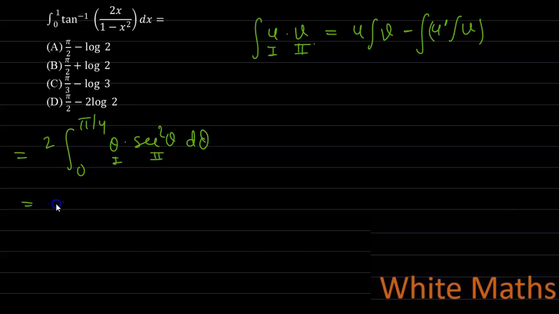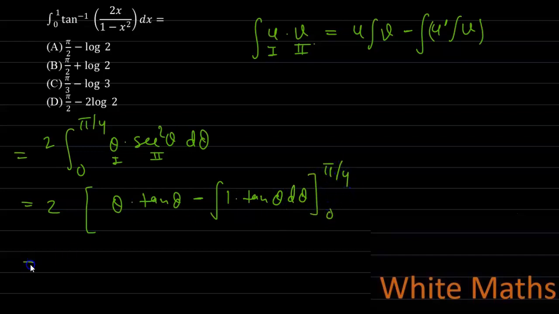This is equal to the first function theta, times the integral of sec square theta, which is tan theta, minus the integral of the derivative of the first function times the integral of the second function sec square theta, that is tan theta d theta, and the limits are 0 to pi by 4, is equal to 2 theta tan theta.